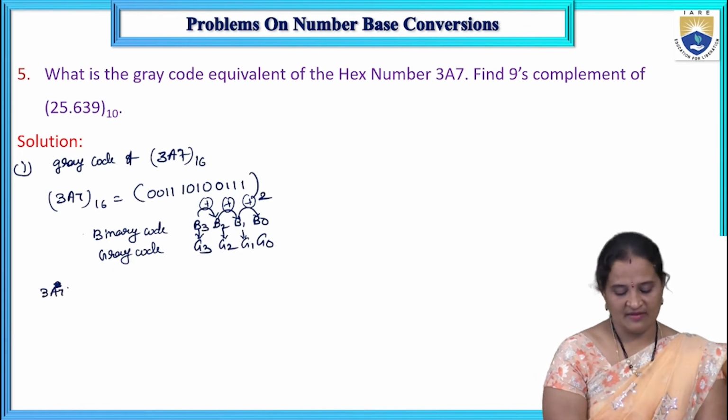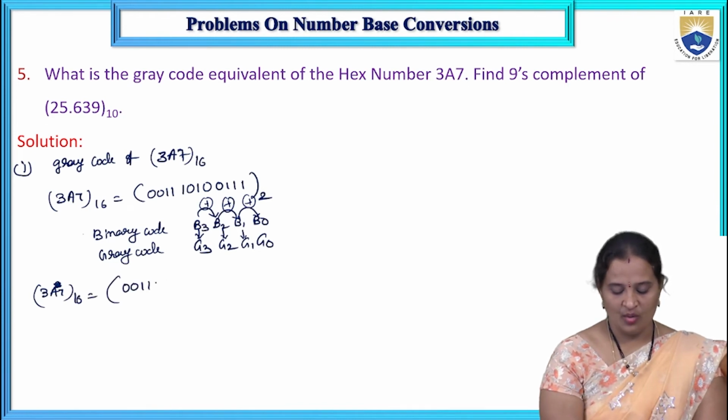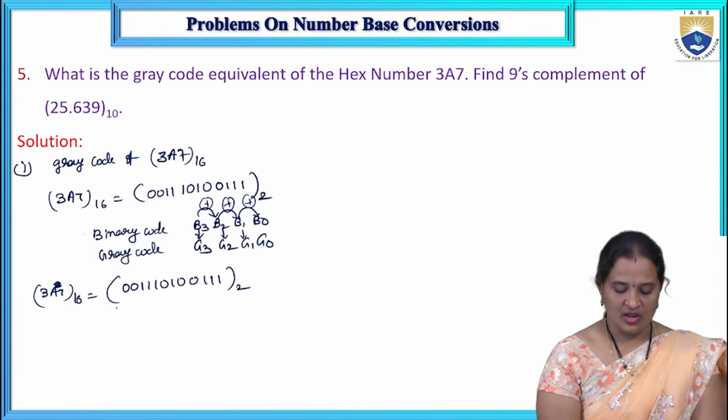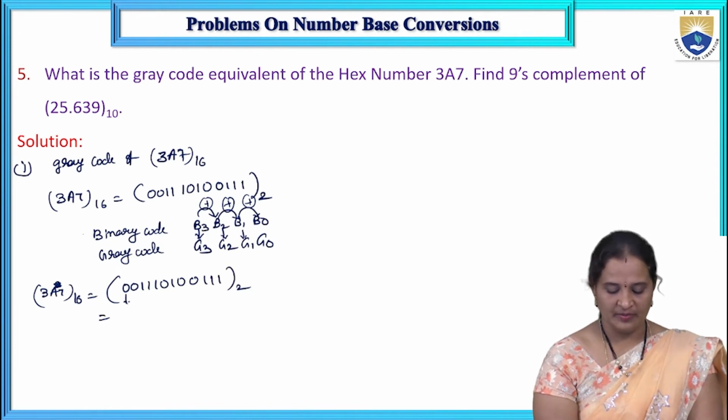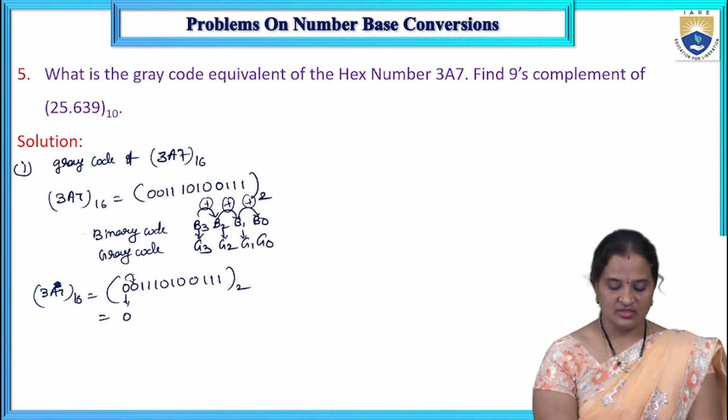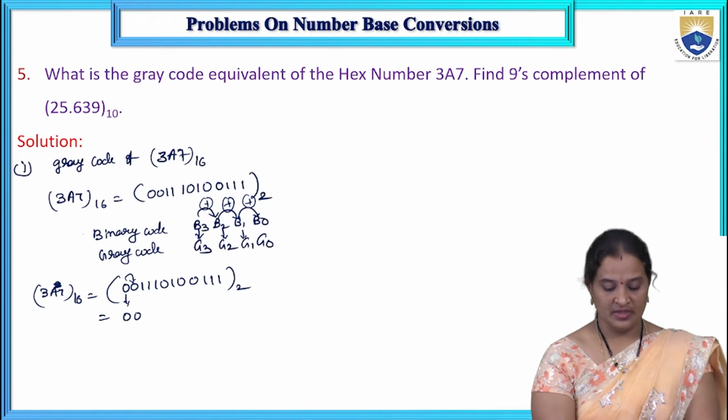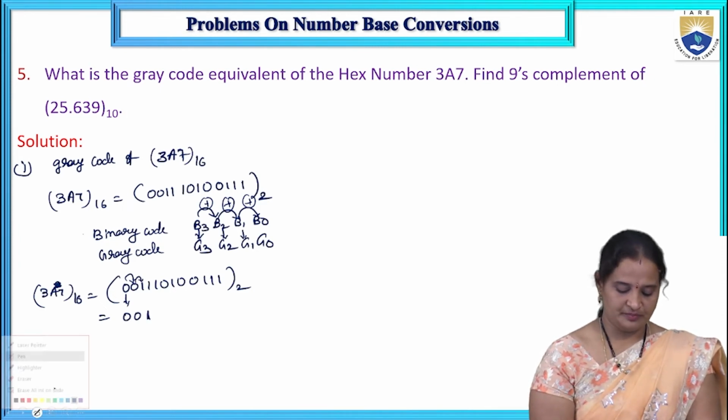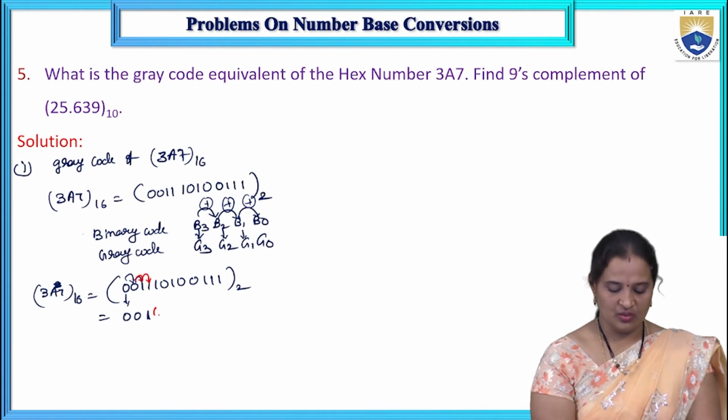So 3A7 in hexa is equal to 0011 1010 0111. This is binary. Now I'm going to convert it into Gray code. The Gray code MSB is 0. What is the XOR of these two? 0 XOR 0 is 0. Next 0 XOR 1 is 1. And then 1 XOR 1 is 0. Now 1 XOR 1 is again 0. 1 XOR 0 is 1.